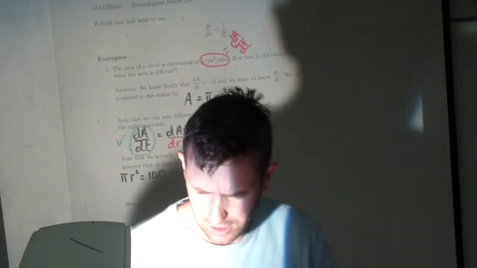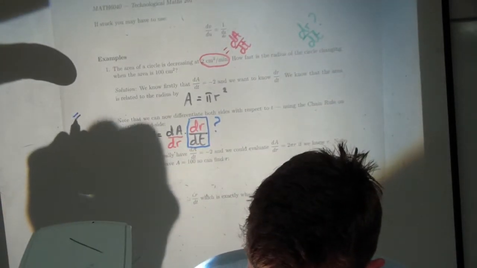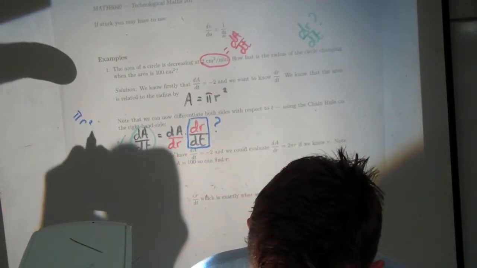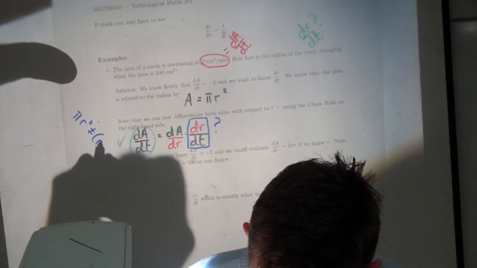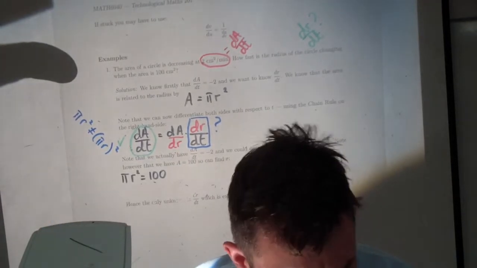What will I do first? What would you like me to get rid of? The square can be a little bit dangerous. The pi r squared is not pi r all squared.